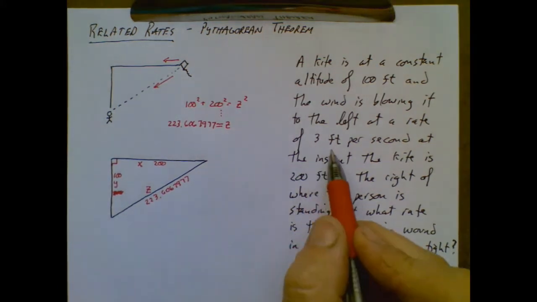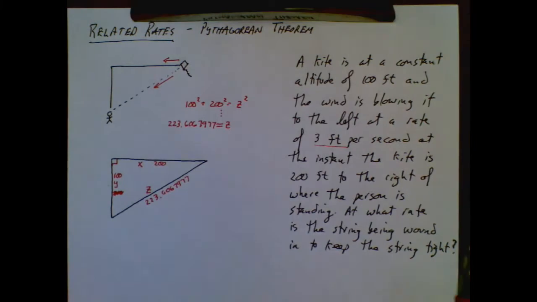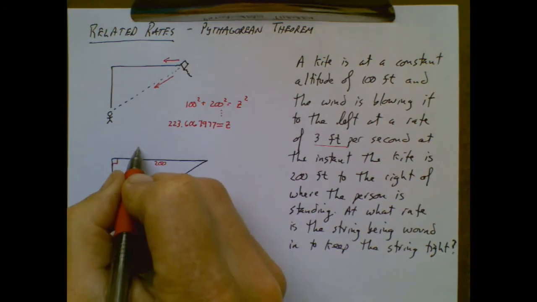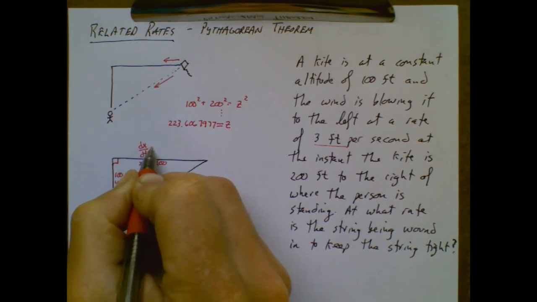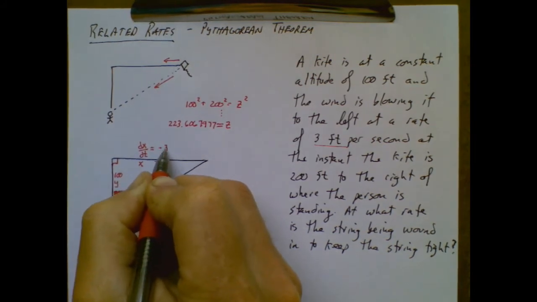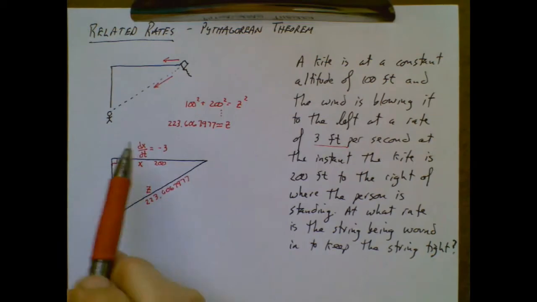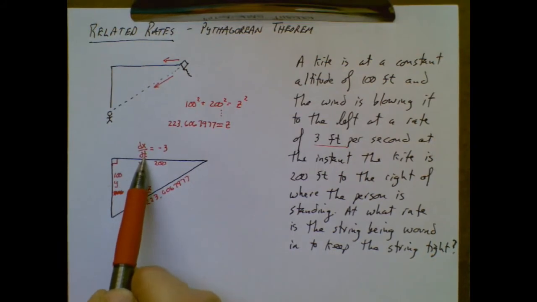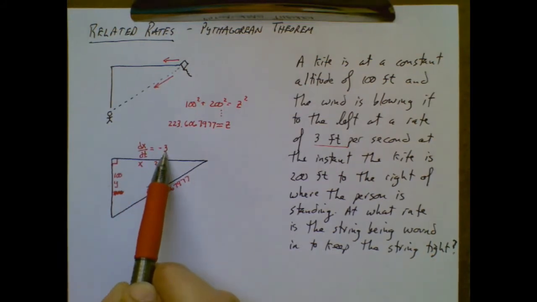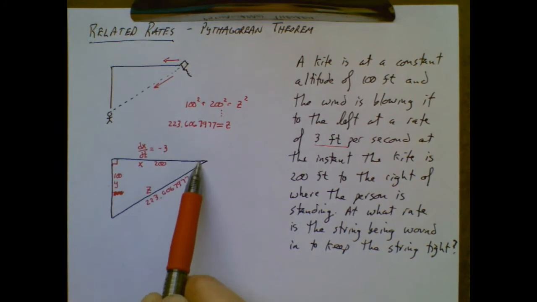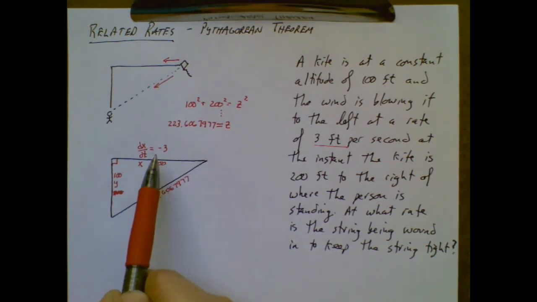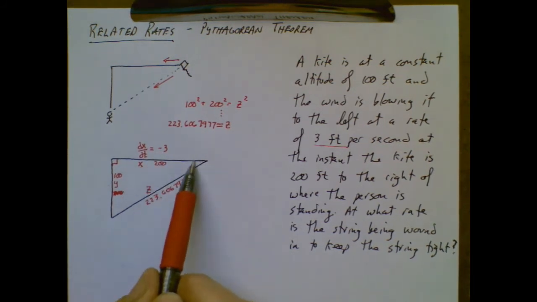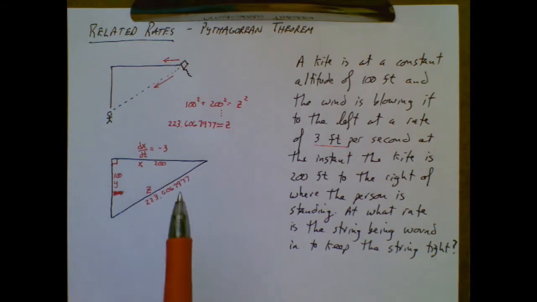In fact, we know that rate. It's shortening at 3 feet per second. So that is calculus. The dx/dt equals -3. dx/dt says x is changing over time. 3 is the rate. And because this is shortening, I need a negative. If x were getting longer, then I would need a positive.